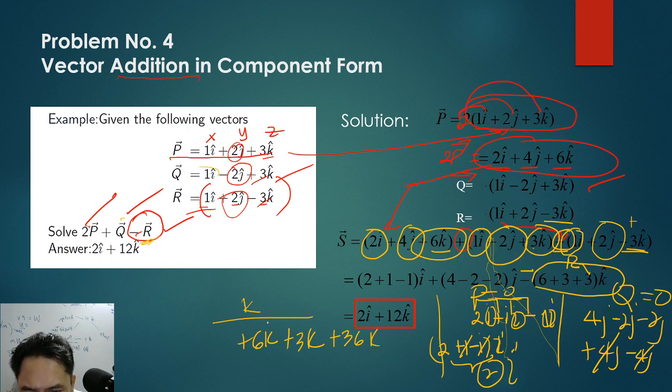So what is the common here? K, K, and K. What is this? Minus, yeah? So minus 3K. So it should be plus 3K, and not 36. So the common is K.